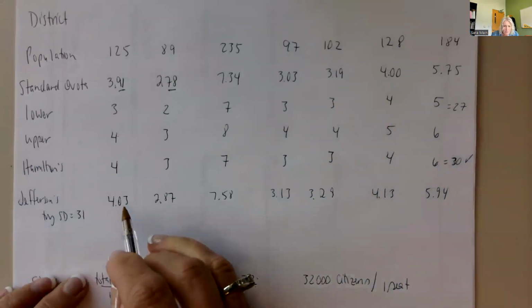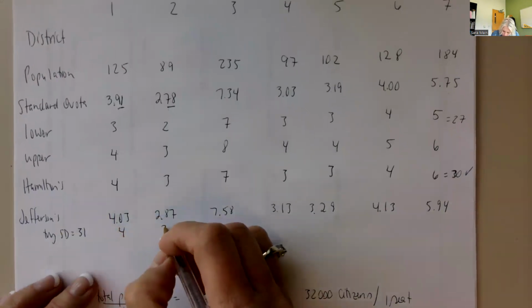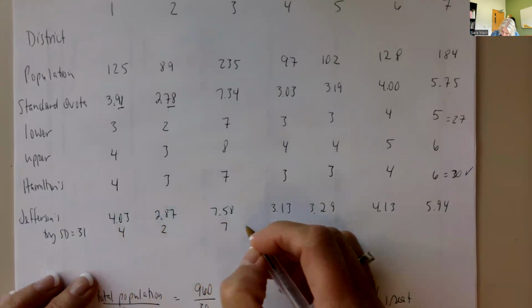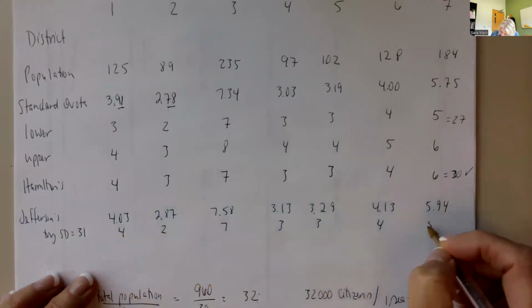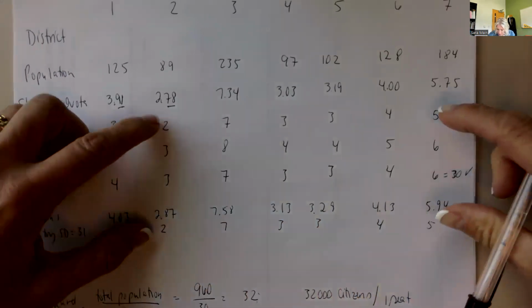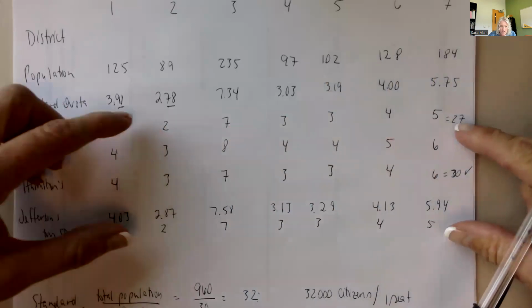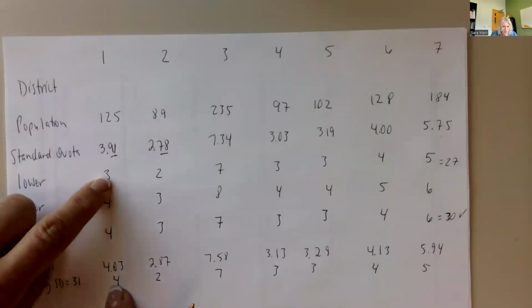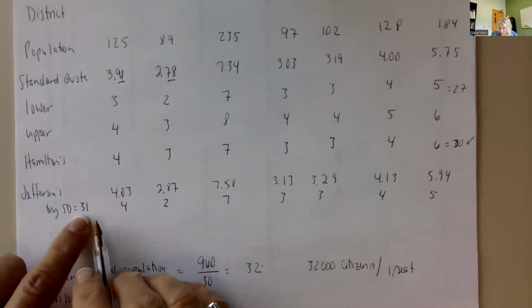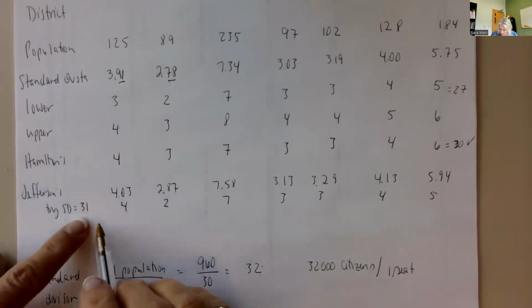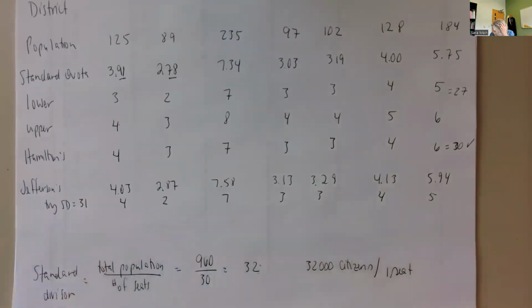Using Jefferson's, our lowers are going to be 4, 2, still 7, 3, 3, 4, 5. Those all match the other lowers except for District 1, which did end up going up to 4. So that means we need to lower the standard divisor again. We could lower it to 30.